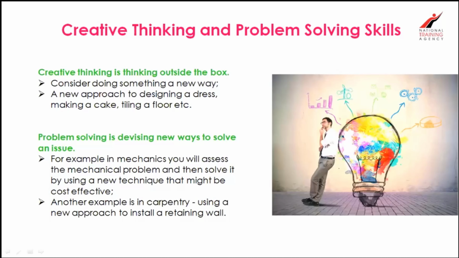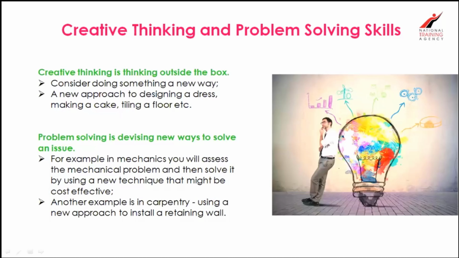So problem solving is the other point. And problem solving is devising new ways to solve an issue. So let's say, for example, John is baking a cake. He does not have any water to put into this cake mix. A problem solving skill would be, okay, what other option can I use instead of water? Can I use milk? Can I use something else, another substitute?